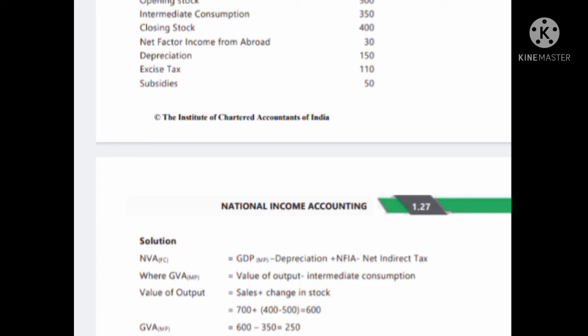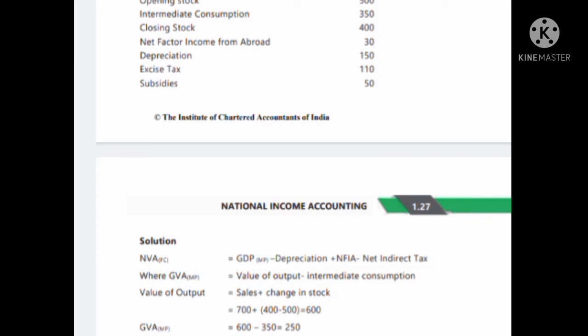So first we have to calculate GVA at market price. GVA at market price is equal to value of output minus intermediate consumption. Value of output is sales plus change in stock. Sales given is 700 and change in stock is closing minus opening stock, that is 400 minus 500, plus 700 gives you 600, which is your value of output.